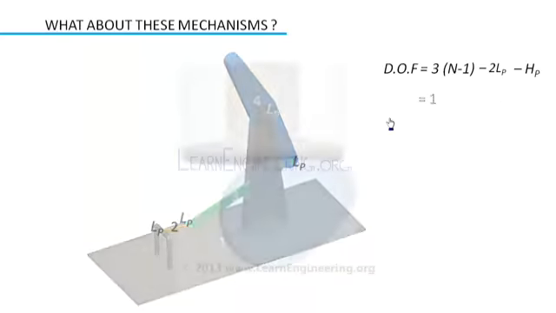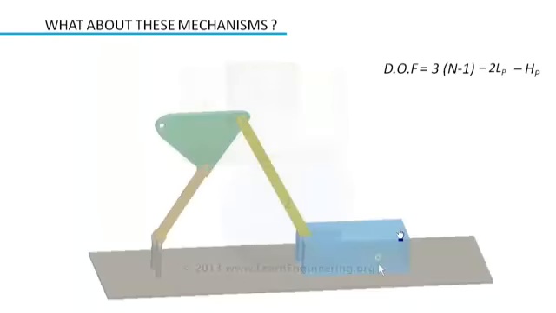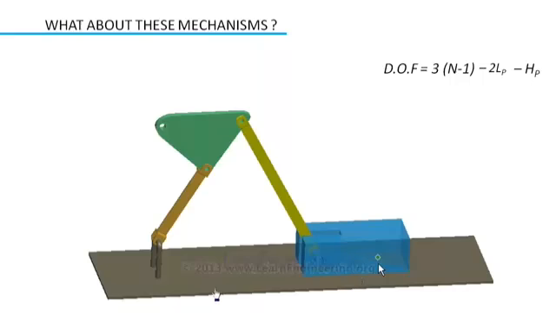Cam and follower is having 3 links, 2 lower pairs, and 1 higher pair. So mobility is again 1. This mechanism is having 5 links, and 5 lower pairs. So mobility is 2.